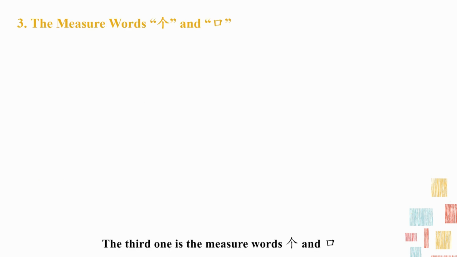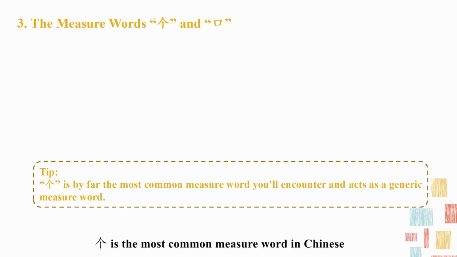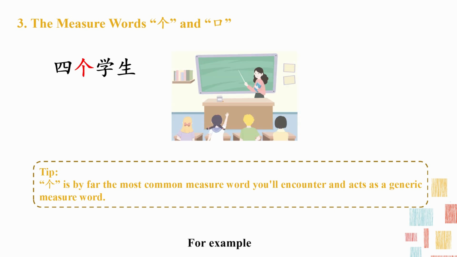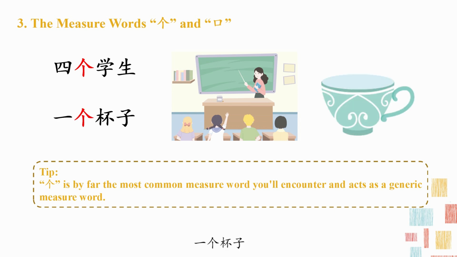The third one is the measure words 个 and 口。 个 is the most common measure word in Chinese and is used before nouns without a specialized measure word. For example, 4个学生 four students, 一个杯子 a cup.